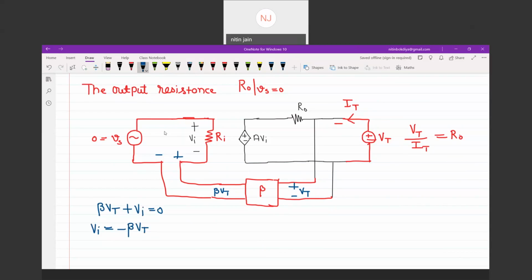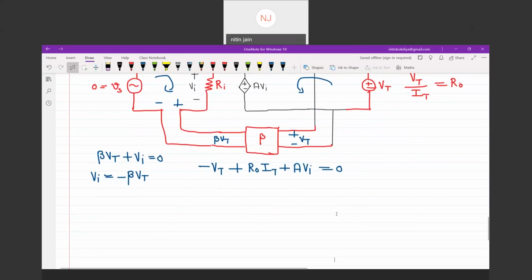This is the idea from KVL in this loop. And when I apply KVL here, I can get the answer very easily: minus of VT plus RO into IT plus A times of Vi equal to 0.